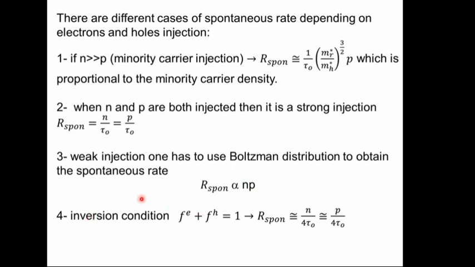And for inversion condition, which we will see when we reach the MOSFET material, at this point we just talk about the inversion being due to the distribution function for electron plus the distribution function of holes equal to 1, which will give me that the spontaneous rate will be equal to N over 4 tau and roughly P over 4 tau. Any question?